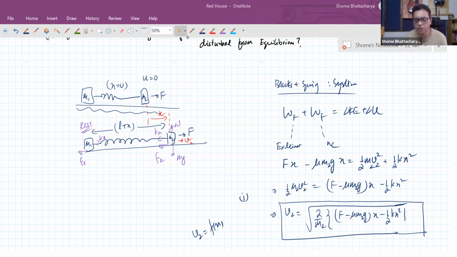Center of mass usually does not really help us here, because by center of mass you can either find the acceleration of the center of mass or velocity of the center of mass, but you still have to use work energy. Or otherwise you will end up calculating the acceleration as a function of x and then integrating that acceleration to find v. So that is like deriving the work energy equation.